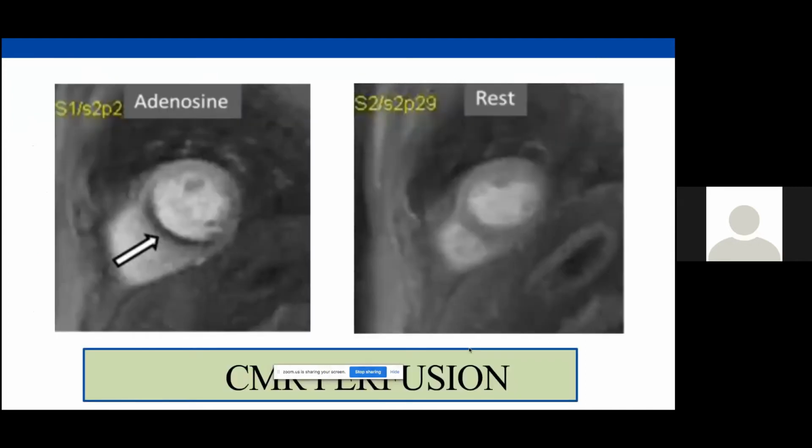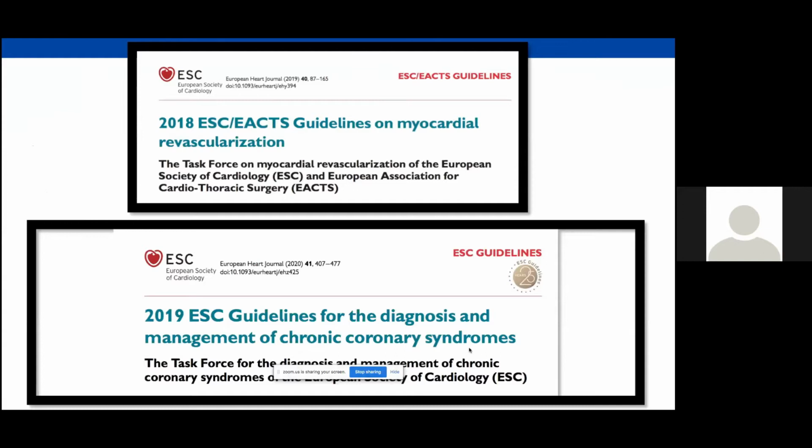So we start with the first protocol, which is the MR perfusion. Most of the recommendations and illustration tables that I use in this presentation come from these 2 guidelines by ESC, the recent guidelines on chronic coronary syndromes, as well as on myocardial revascularization.